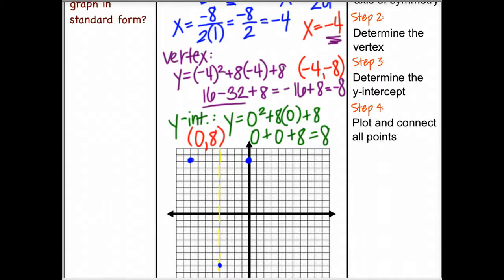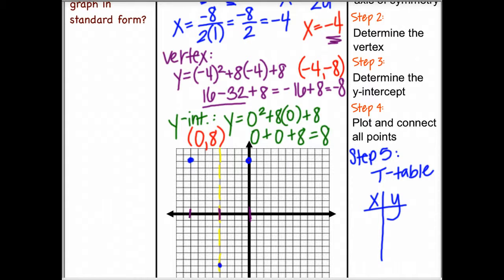And then remember, we can add in a step 5 here. We need 5 points. So I'm going to make a t-table. If I do that, I'm going to decide where to pick my values. I see that between here and here, I should pick my other value because those are between my intercept and my vertex.